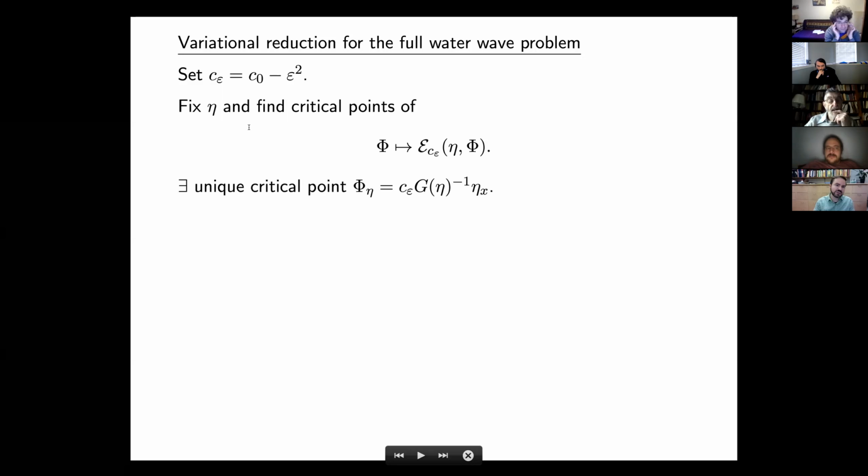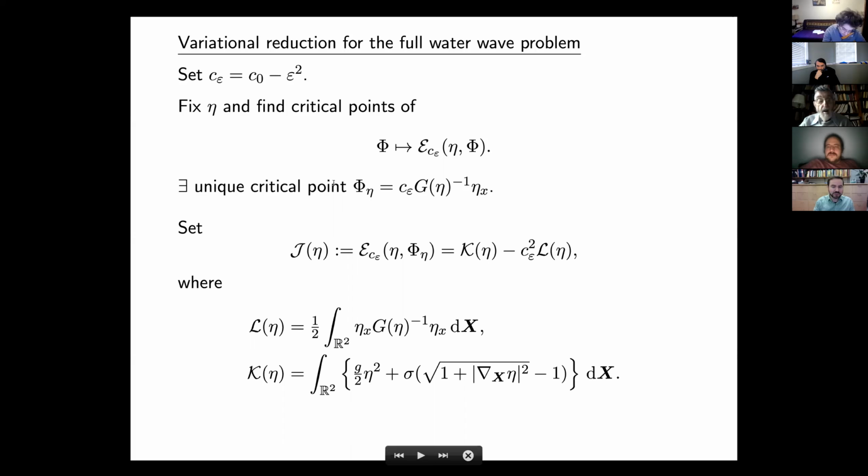First we eliminate the velocity potential. This is easy to do because it's just a quadratic problem in the velocity potential, or rather, the trace of the velocity potential on the surface. So that's relatively easy to get rid of. The problem is coercive in that direction.